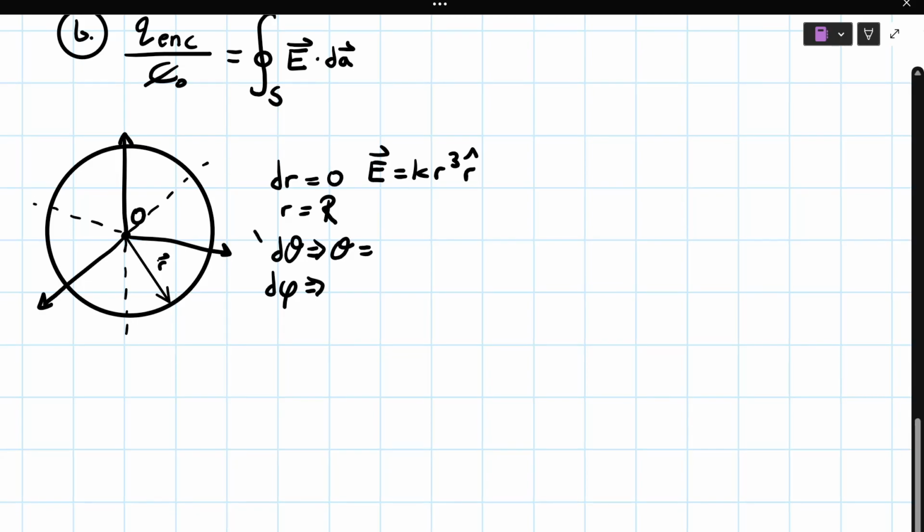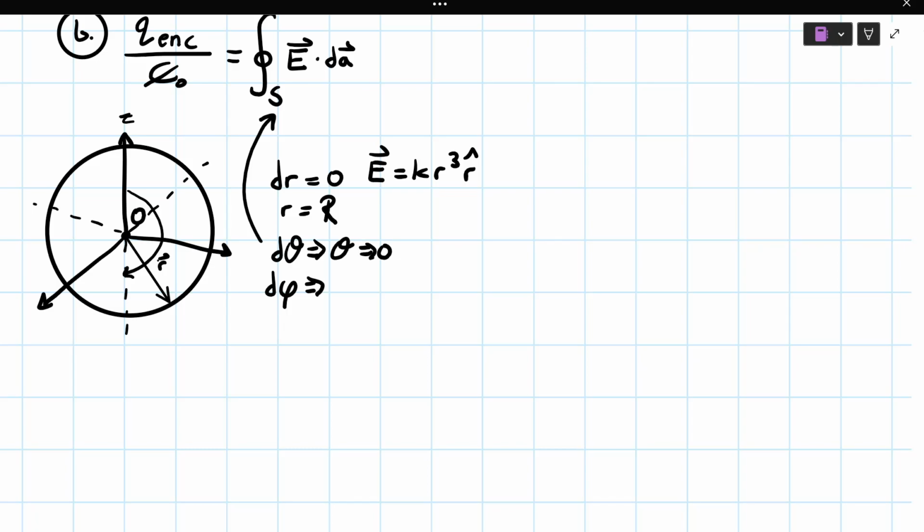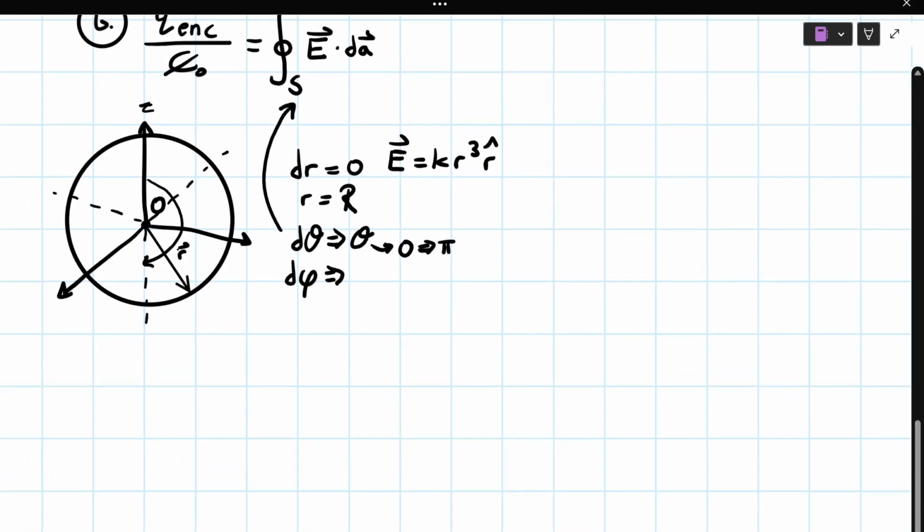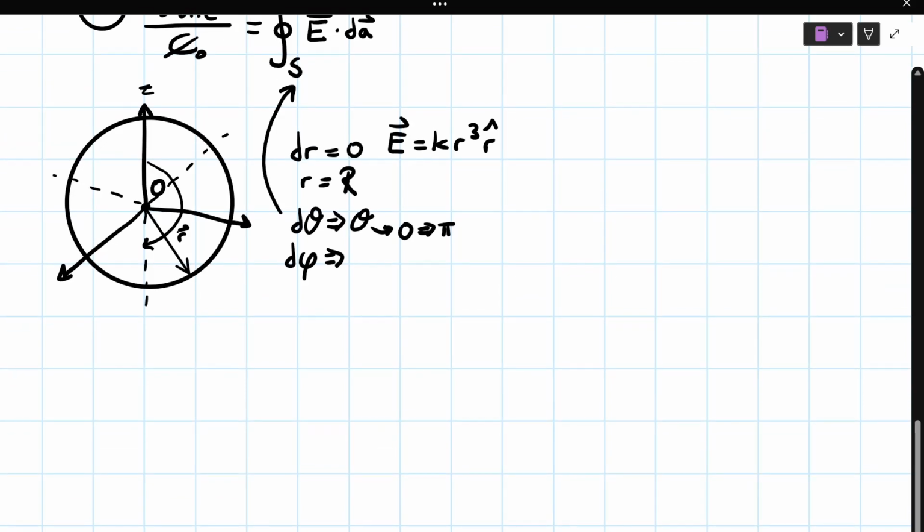When we put it in this integral, theta is going to go from the top, the positive z direction, all the way to the bottom, the negative z direction, doing a whole half circle. That means we're going to go from 0 to pi, because a half circle is a length pi in radians.